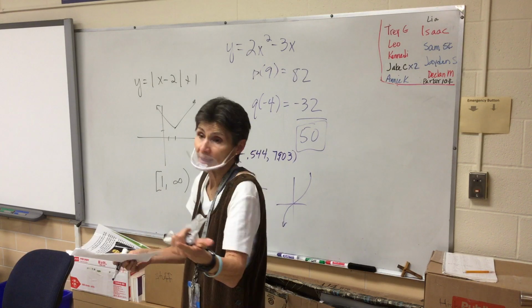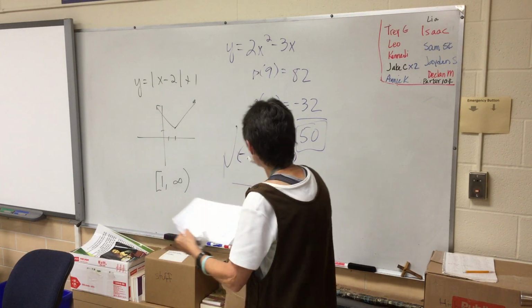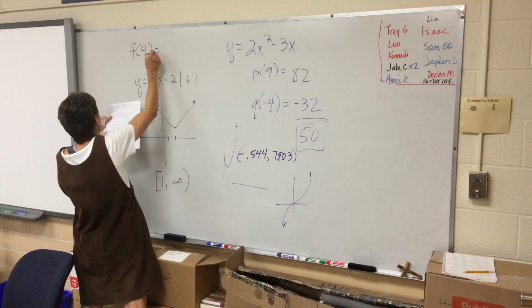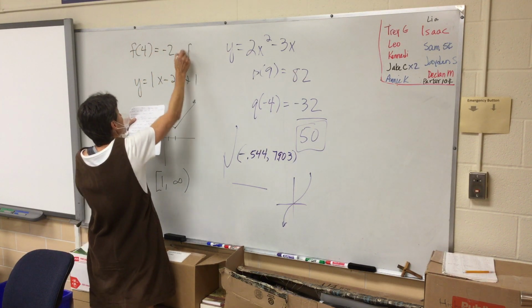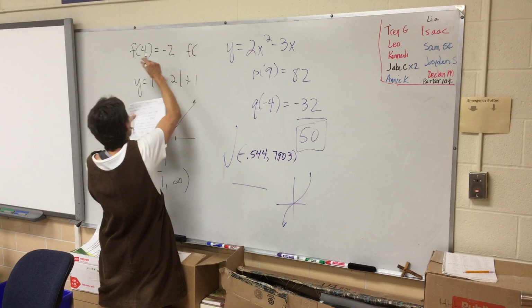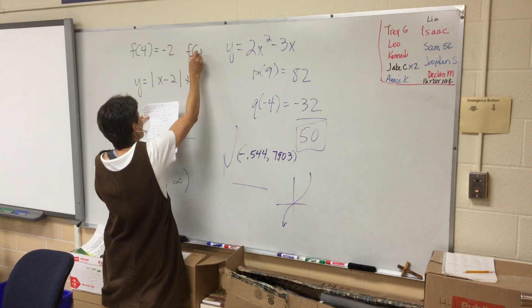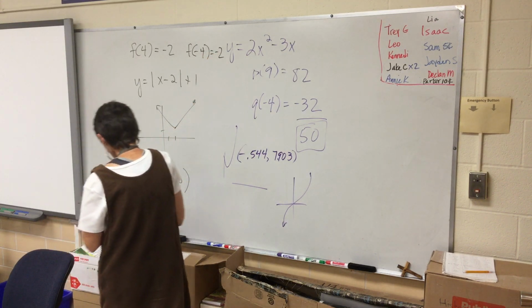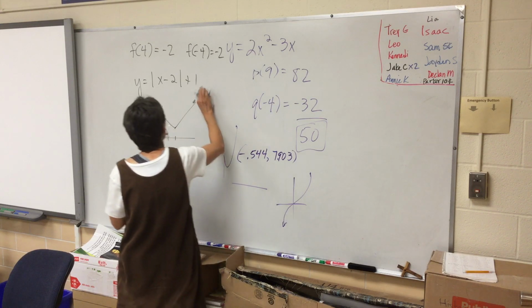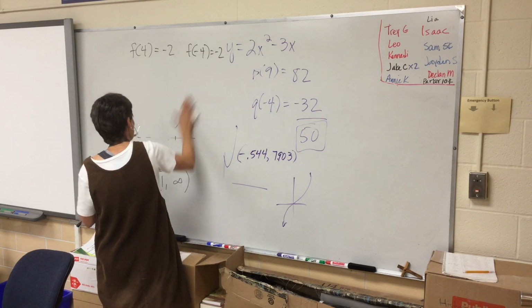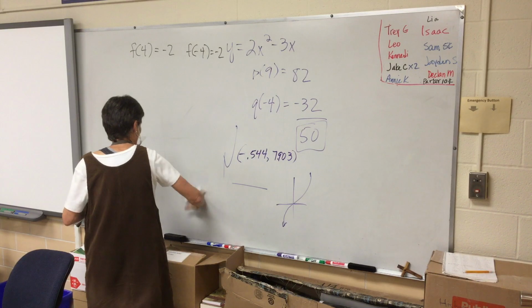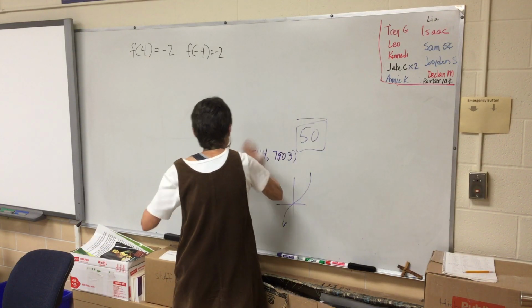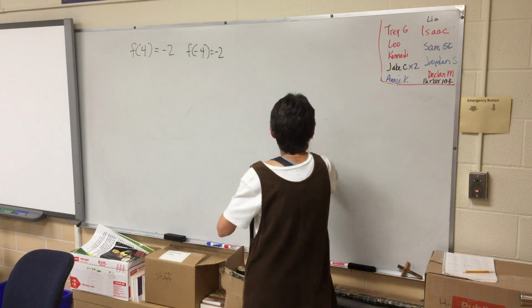Anything there? I'll tell you one I got to look at is number 2. Number 2 says, I know that f of 4 is negative 2, and f of negative 4 is also negative 2. I don't have an equation. All I have are 2 function values, which, by the way, represent ordered pairs.